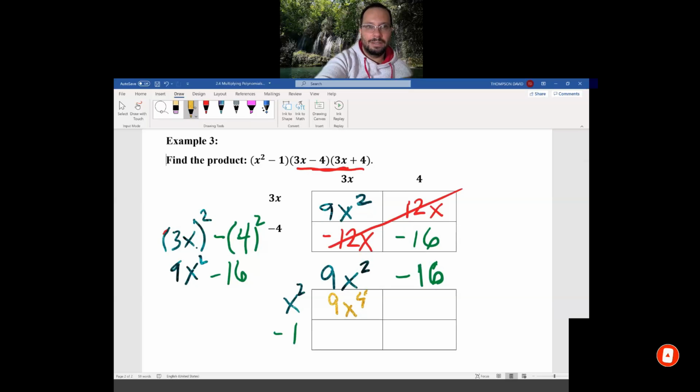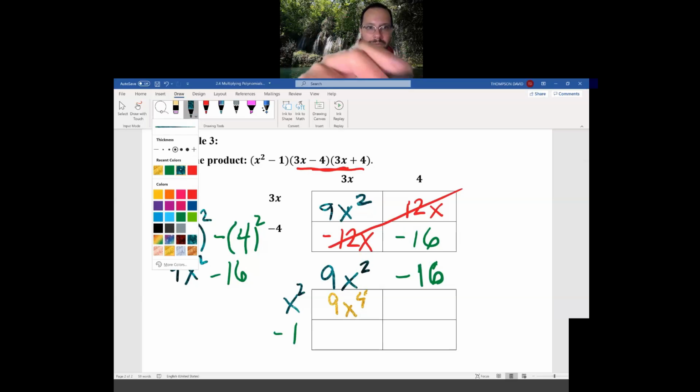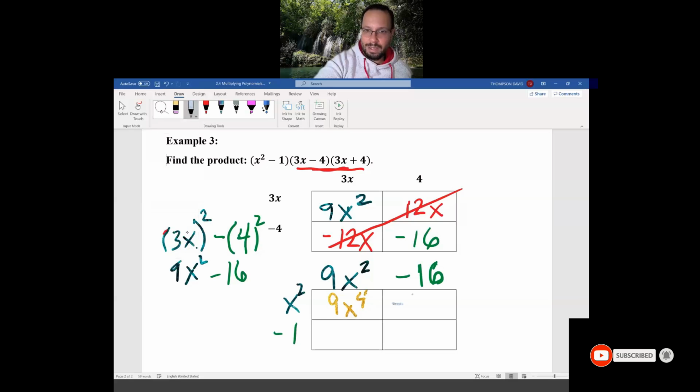We have 9x squared times negative 1, so that's going to be negative 9x squared. And then by itself, negative 1 times negative 16 is positive 16.